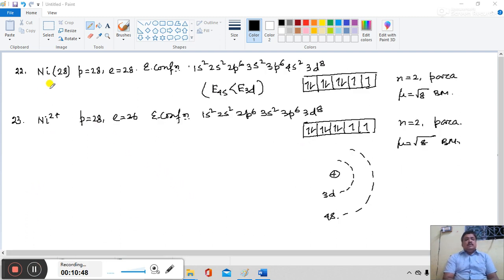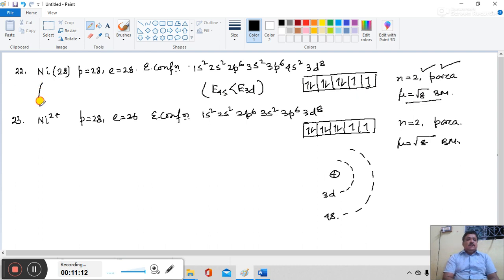Next example is nickel, having atomic number 28, and its configuration is 4s2 3d8. Now the energy of the 4s subshell is less, so electrons first come to the 4s subshell, then the 3d subshell. Here the unpaired electrons are 2, it is paramagnetic in nature and the magnetic moment is root over 8 BM.